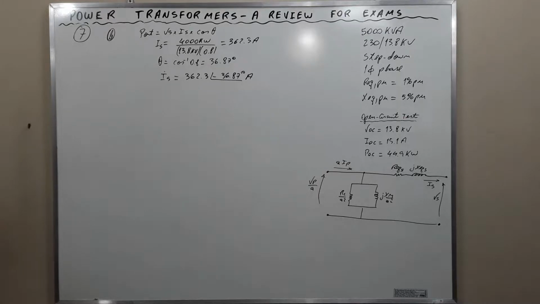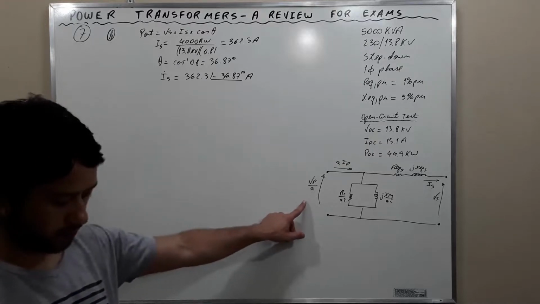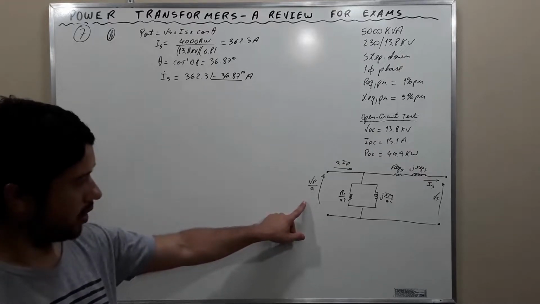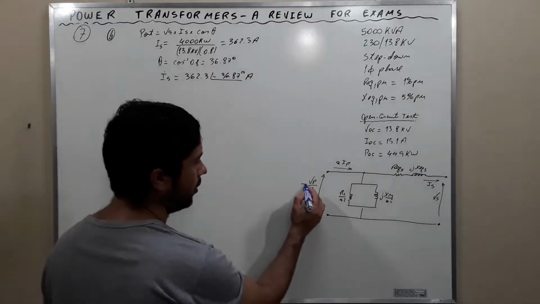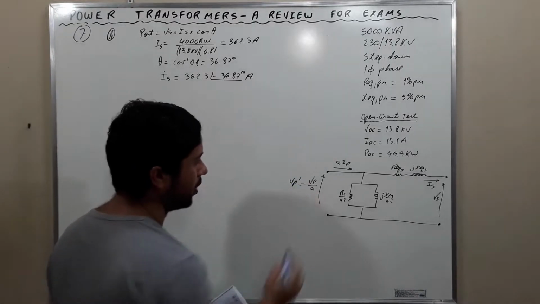With the value of the current, we can calculate Vp prime. Vp over A is Vp prime.